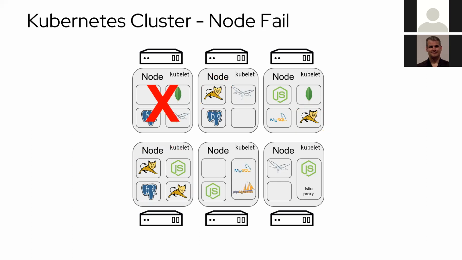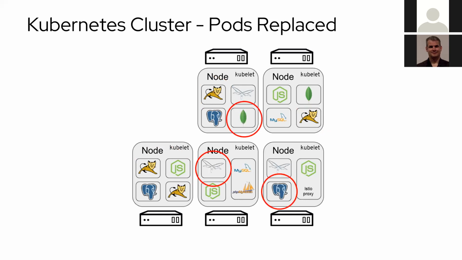And so then if we think about a node failure where a whole node goes down, we have these 3 applications running on it. And so when we have a complete node failure, Kubernetes will go ahead and reschedule those workloads onto the remaining nodes that are there. And it gives the operations teams time to diagnose the failure.